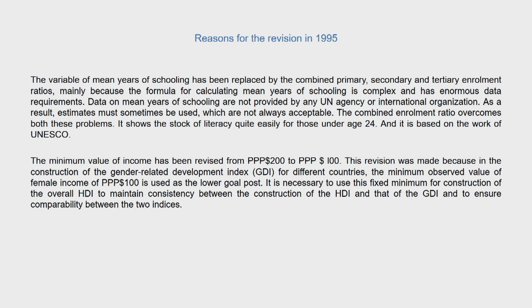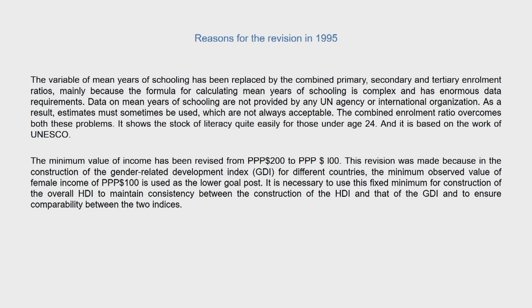So, as a result, estimates have to be used which are not always acceptable, which means that the mean years of schooling, since it was not available for many of the countries, was replaced with some other data which may lead to errors subsequently. Therefore, the combined enrollment ratio seemed to overcome both of these problems, and it shows the stock of literacy, which is quite easy for those under age 24, and it is based on the work of UNESCO, which is one of the important sources for very reliable statistical data.